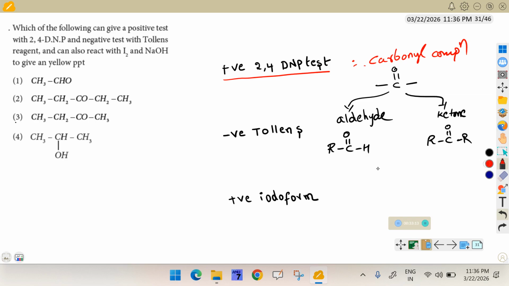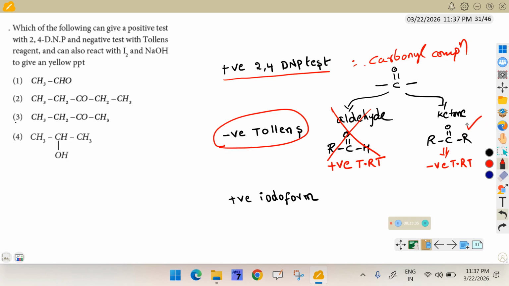What is the second condition given? Negative Tollens test. Aldehydes give a positive Tollens reagent test, but ketones give a negative one. That means the compound does not contain an aldehyde group, the compound contains a ketone group, and it gives a positive iodoform test also. Methyl ketones give a positive iodoform test. Which compound contains the methyl ketone functional group? Yes, this is a methyl ketone, COCH3. Third option is the correct option.